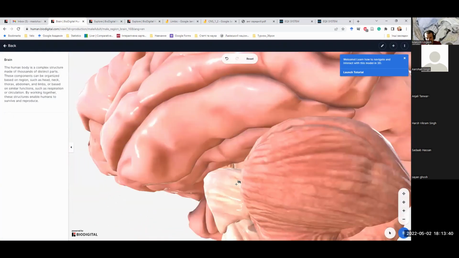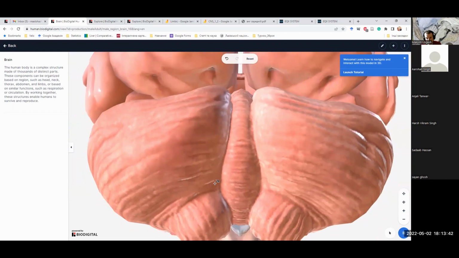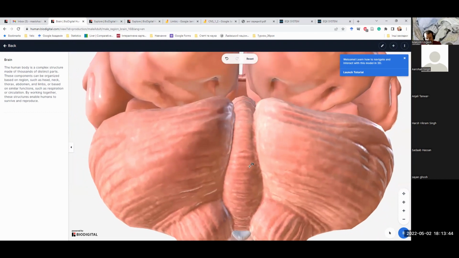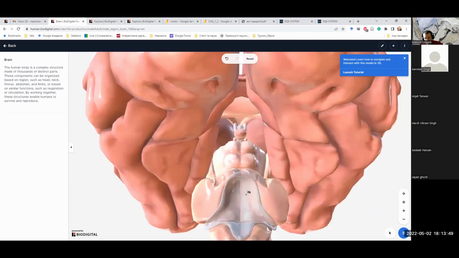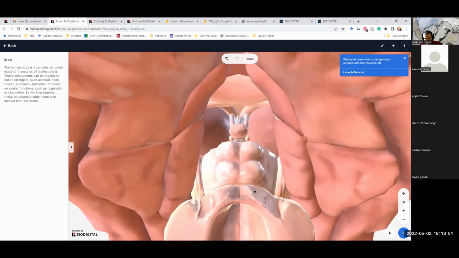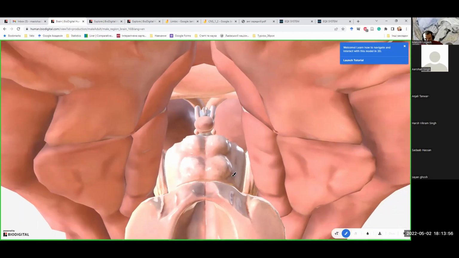After that, we have to look at the back, and here, to see the tectum, we need to remove the cerebellum, and after that we can see the corpora quadrigemina. It's like the dorsal view of the tectal plate, the tectum of the midbrain.